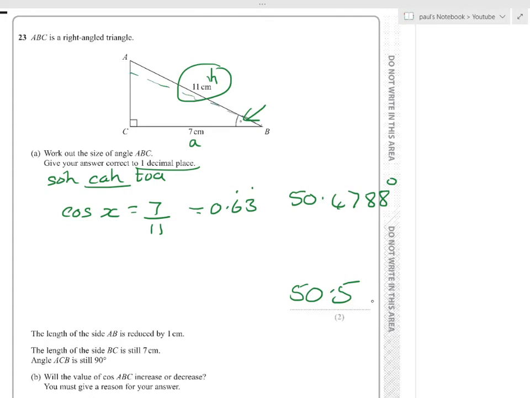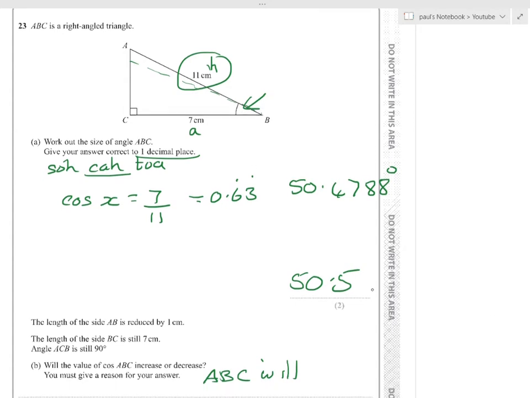So what happens to that angle? I would have thought that if that had been reduced, then this angle would have got smaller.